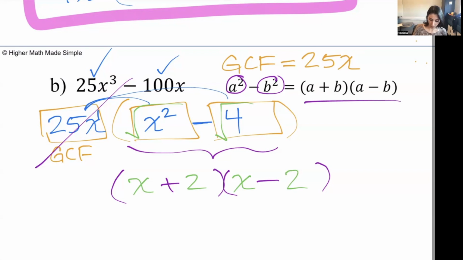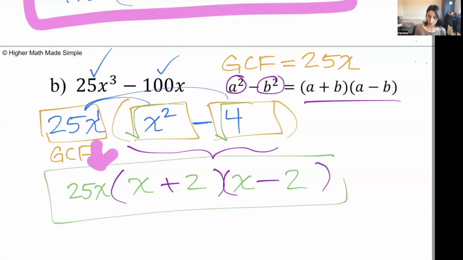Now remember that 25x that I crossed out. Let me erase that. Super important, people always forget to put that back. So you should then drop down the 25x, and this is the entire answer. Now, could you do x plus 2, x minus 2, or x minus 2, x plus 2? Absolutely, because of the commutative property.